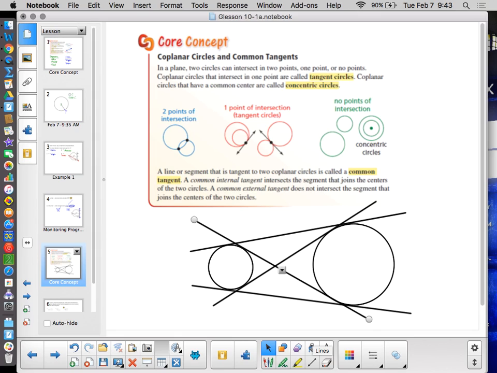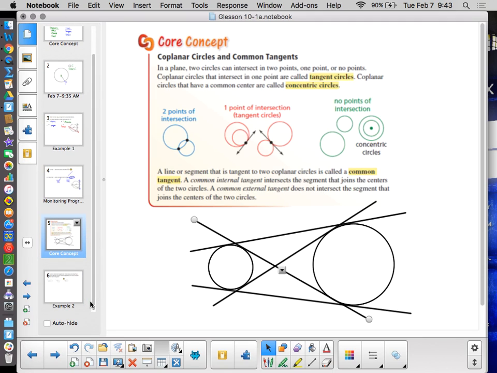So when the 2 circles are completely apart from each other, I can draw 4 lines that are common tangents. They're sometimes referred to as external and internal tangents. The external ones are the ones that don't cross between the circles. The internal ones do. So when the 2 circles do not intersect at all, there are 4 common tangents.